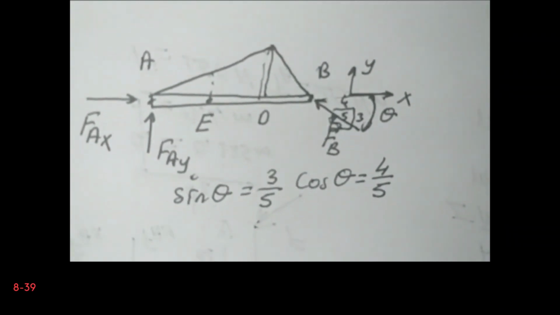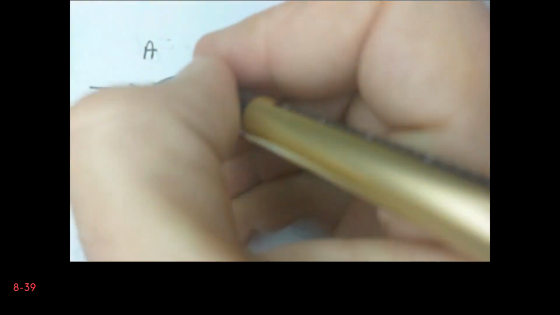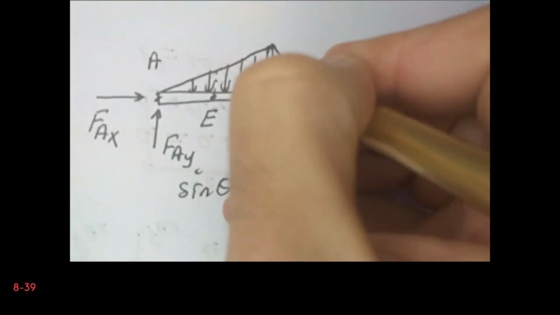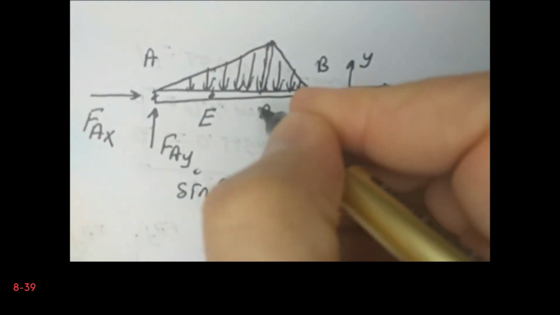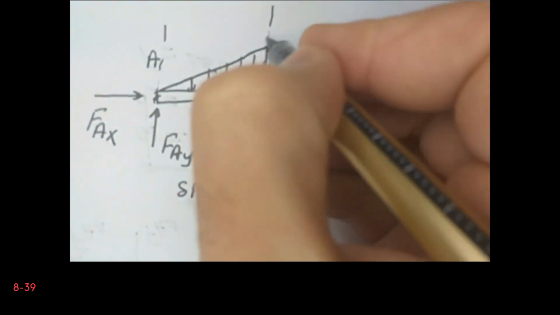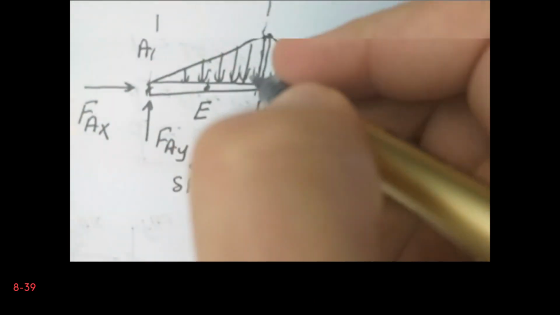Okay, so let's take the moment with respect to, by the way, this is the distributed load that we have, and let's write the distance in fact. So let's denote some variables for simplicity. In fact, from A to E it is L1, then we have L2, and in fact this distance is L3.